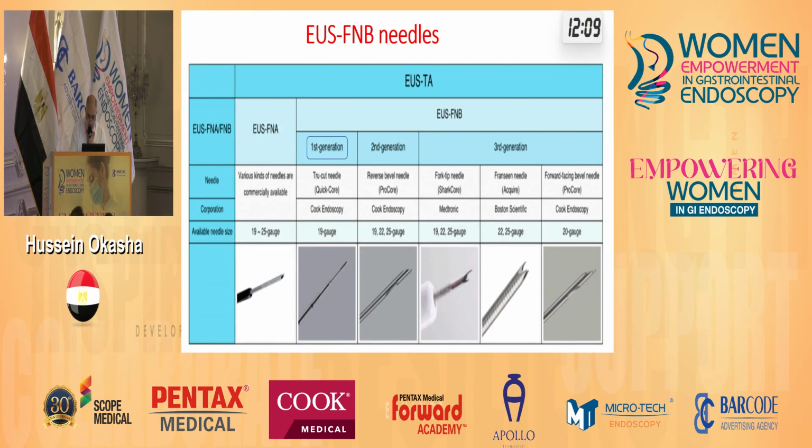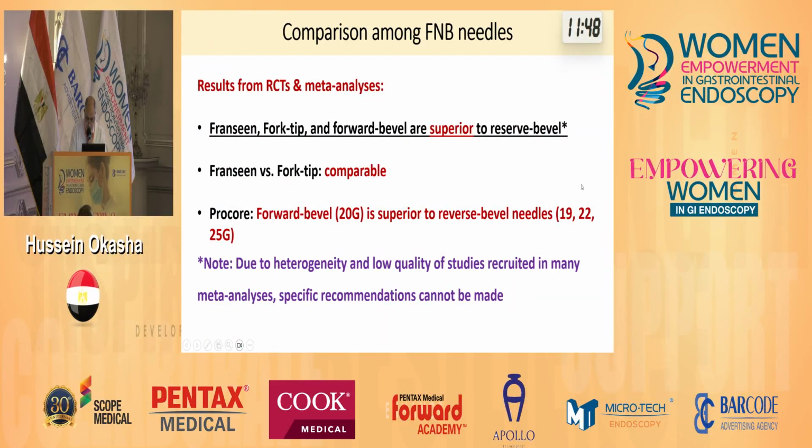EUS needles: the first generation was the true cut needle, but it is now not widely used, and the second generation is a reversed bevel needle. The third generation, I think we are all now using one of them, which is the fork tip or sharp core needle, the Franseen needle, Acquire, and the forward-facing bevel needle from Cook. Franseen needle, fork tip, and forward bevel needle are superior to reversed bevel, of course.